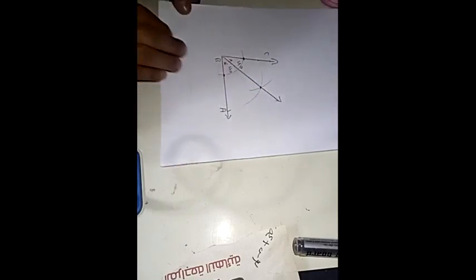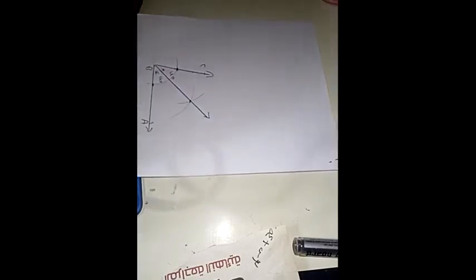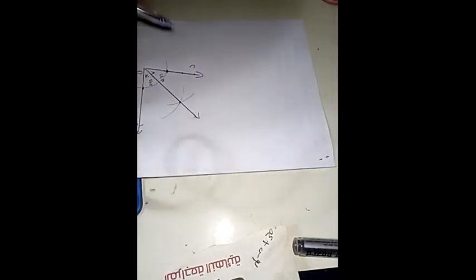Now I want to learn how I can draw a line segment and draw the axis of symmetry of this.